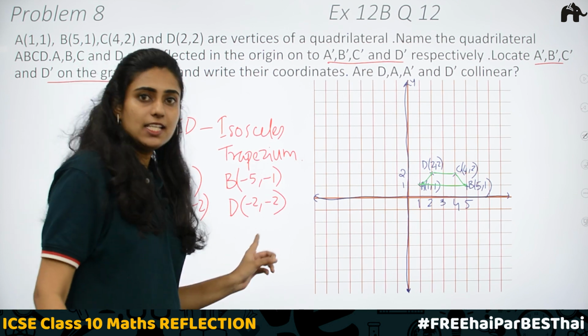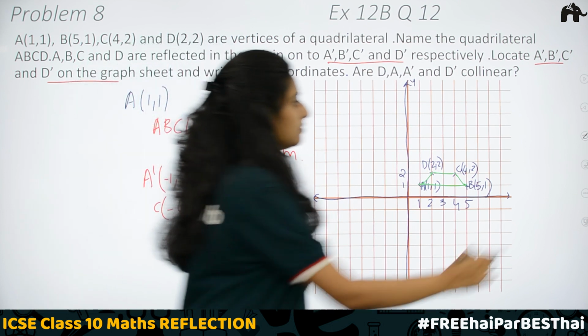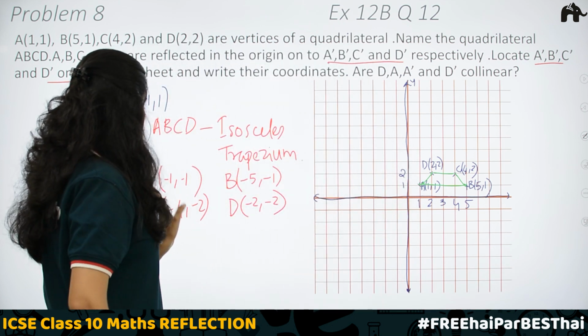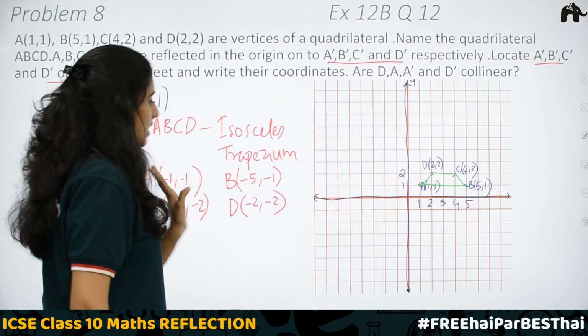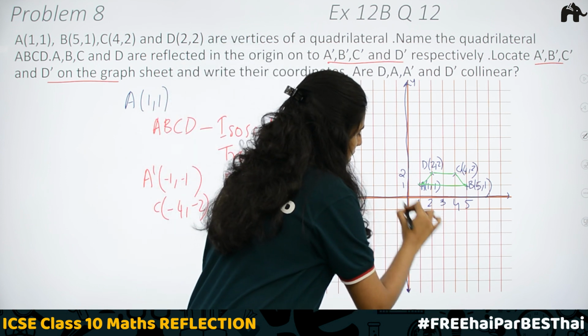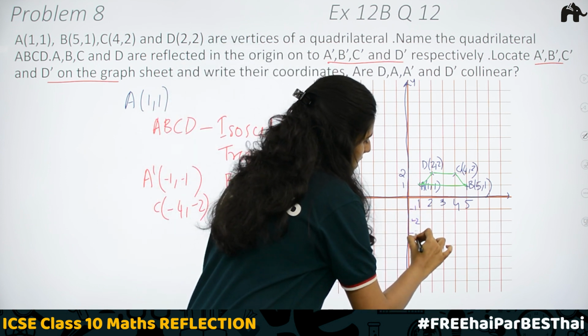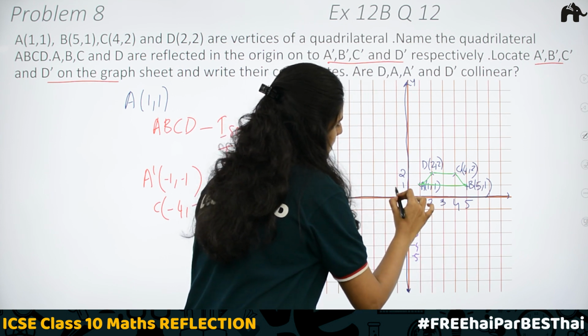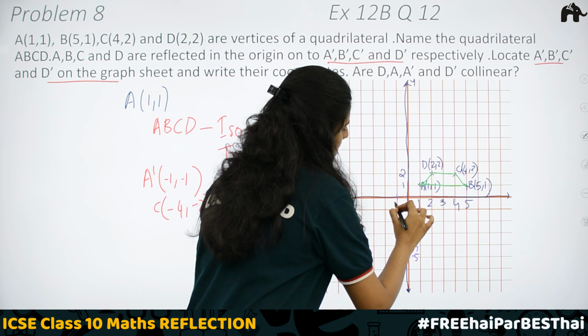Let us mark these points on the graph. A dash (-1,-1). Where do we get it? Here we have -1, -2, -3, -4, -5 along the negative x-axis.